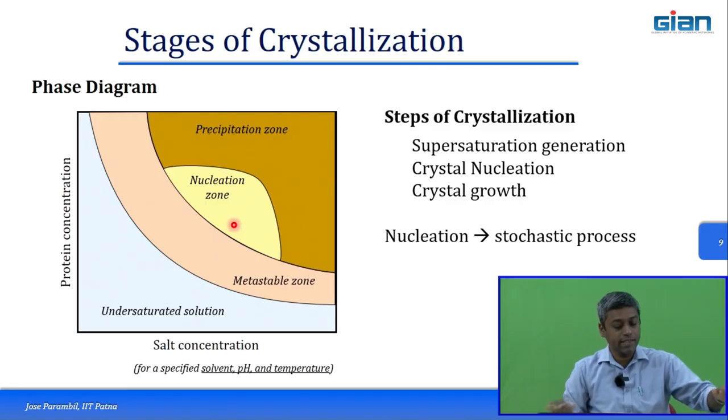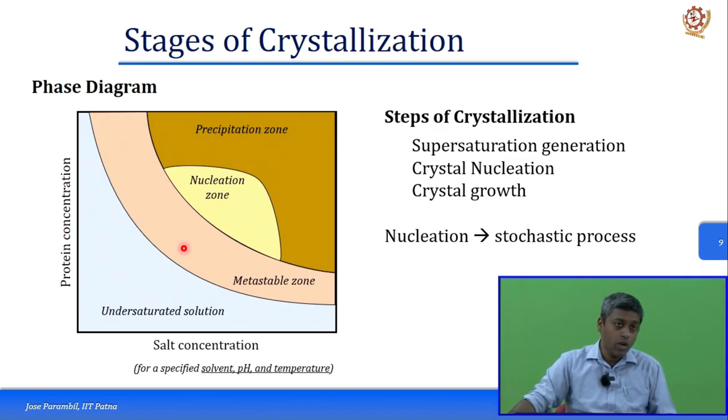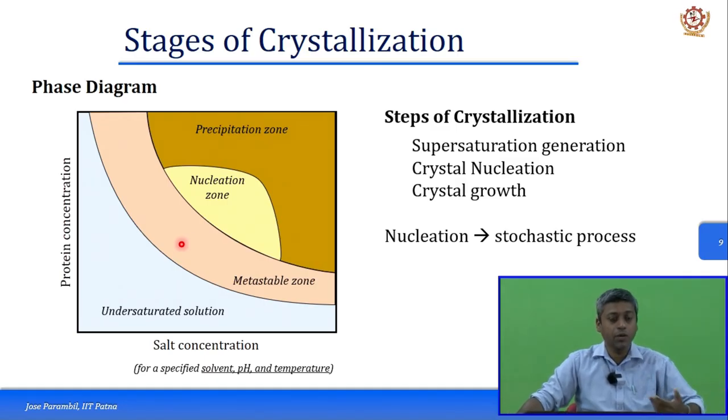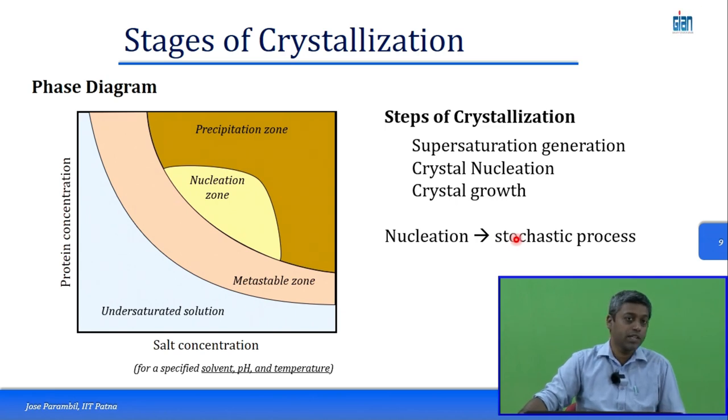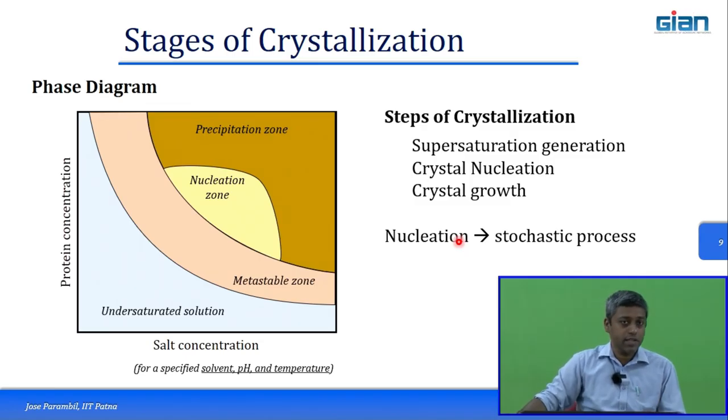As soon as it reaches the metastable zone, you add the seeds, the pre-existing crystals. And now the good thing is you are in the metastable zone, so no new crystals would grow. Only the crystals that you have added as the seeds will start growing. So you can completely bypass the nucleation and get the process conditions right in order to get consistent quality, which is often used in the industrial scale.